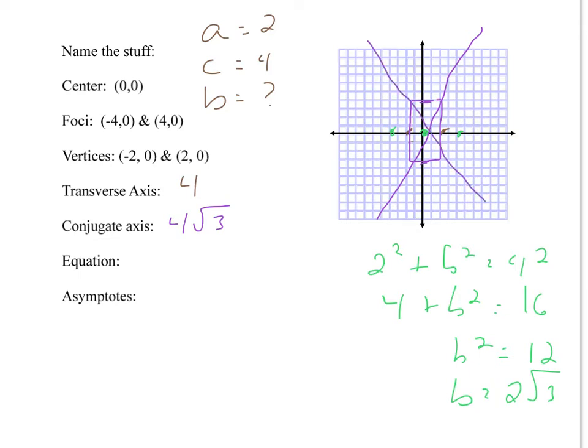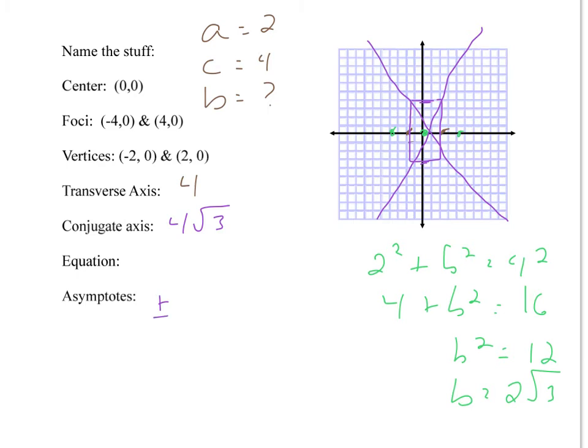And the slopes of the asymptotes are always either a over b or b over a. In this case, it's going to be b over a, because b was my vertical, because that's my conjugate axis, and a was my transverse axis, which was the horizontal.